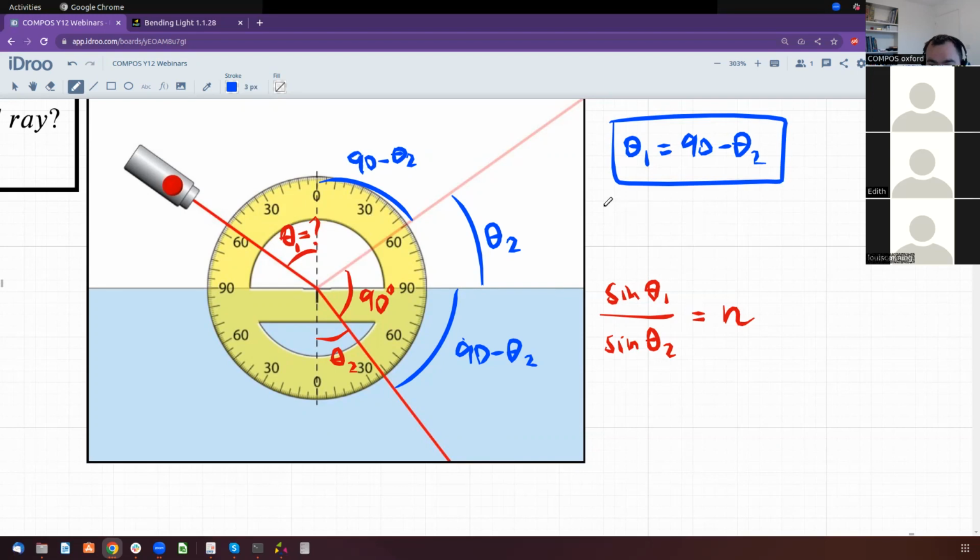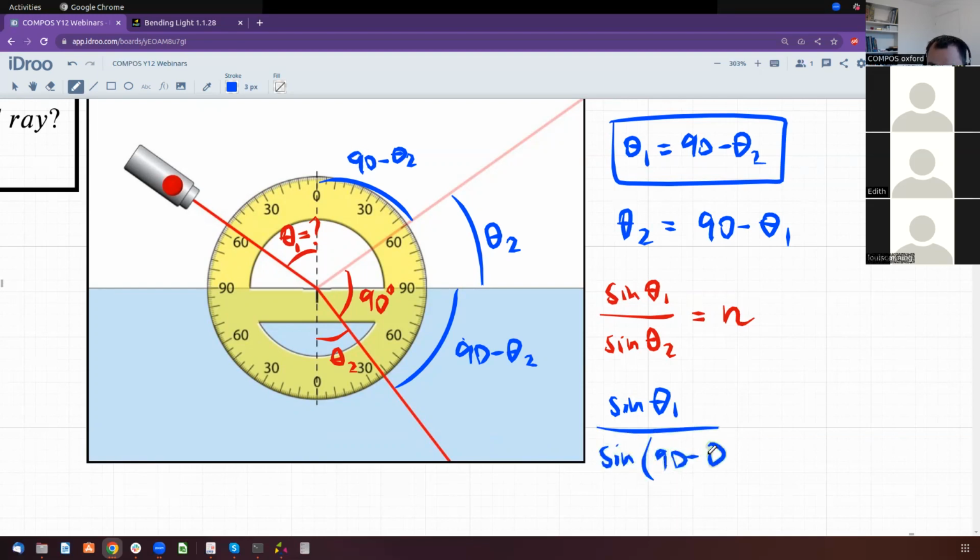In other words, theta 2 is equal to 90 minus theta 1. When we plug that in, it's going to be sine theta 1 divided by sine of 90 minus theta 1.